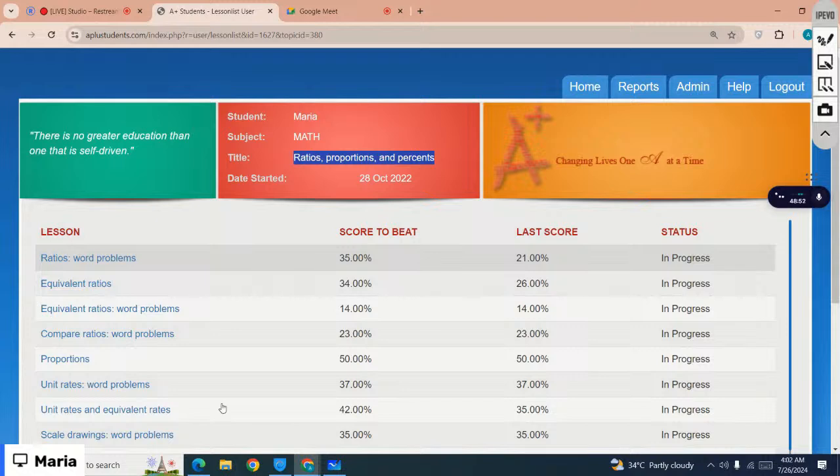Here I am on grade 6 math. The chapter we're on is ratios, proportions and percents. Let's start with the lesson that is ratios word problems.